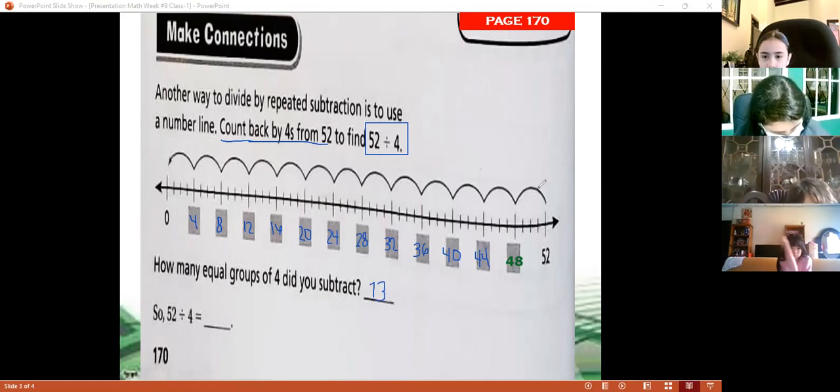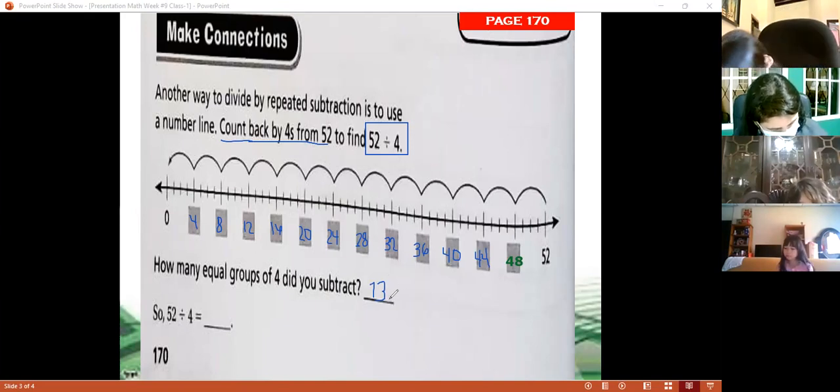Okay, let's count. We have 1 time, 2 times, 3 times, 4, 5, 6, 7, 8, 9, 10, 11, 12, and 13. That's right. 13 times you subtracted the number 4 from 52.